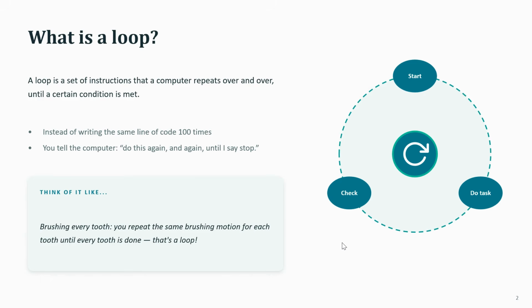You just pass an array of students with their names to a loop, and the loop will iterate over the array and print out those things. Simple. You tell the computer to do this again and again until I say stop. And "I say stop" is just the condition which should be met.